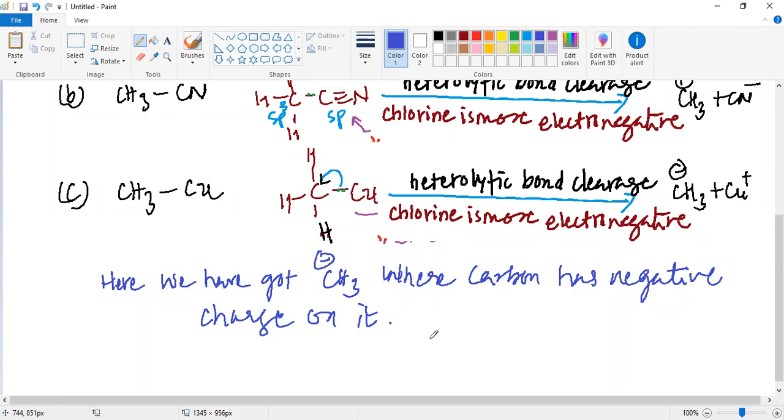So this is how, my dear students, we study another species in which the carbon has a negative charge on it, and such species where the carbon has a negative charge on it are known as the carbanion. So let us study about the carbanion.